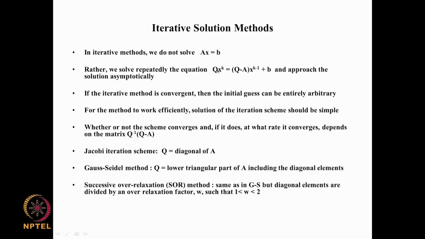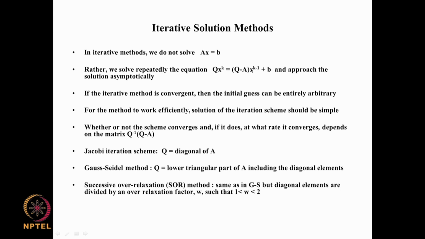the Q here is such that this equation becomes very easy to solve, and you can see that when the solution is converged, that is when x^k is almost equal to x^(k minus 1) or when it is equal to x^(k minus 1), then Qx^k equal to Qx^(k minus 1) minus Ax^(k minus 1) plus b.